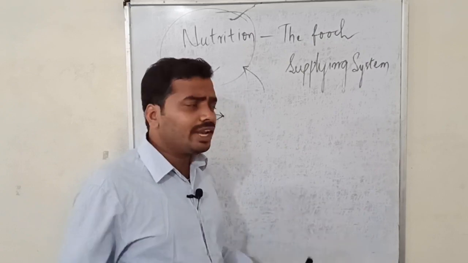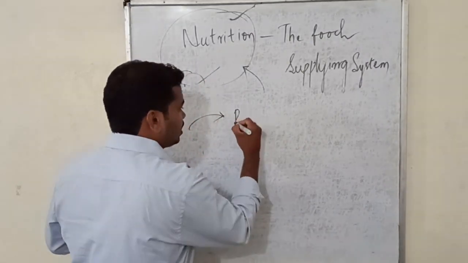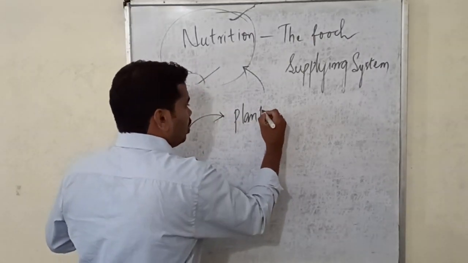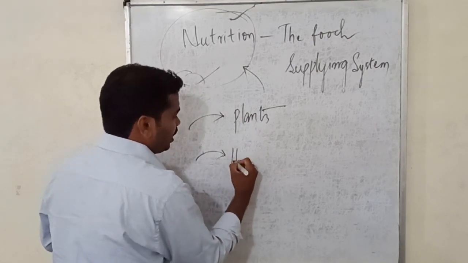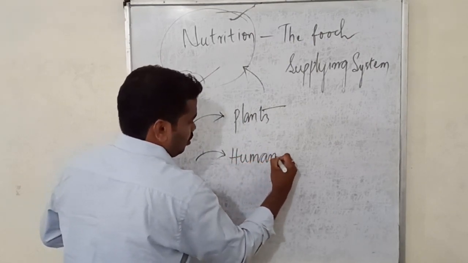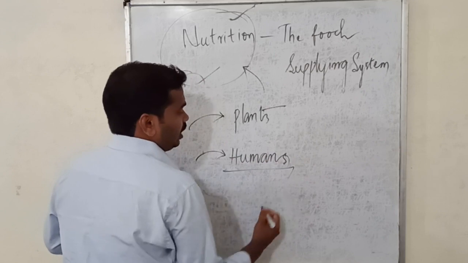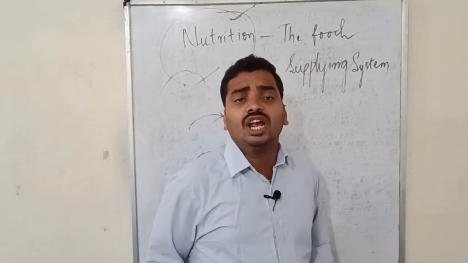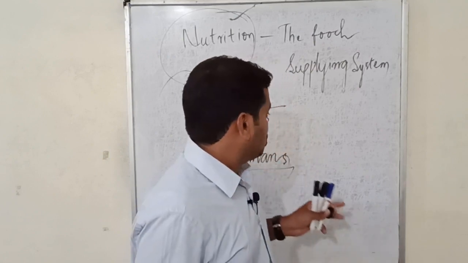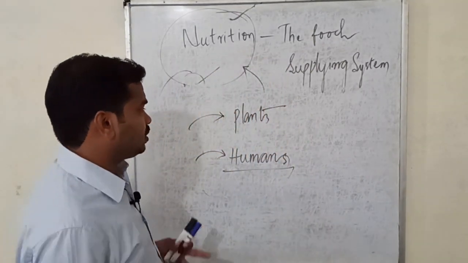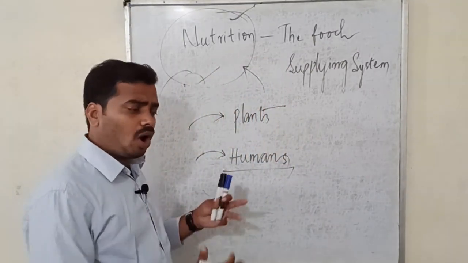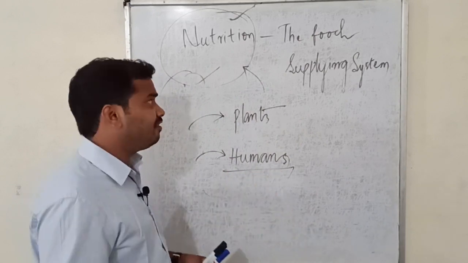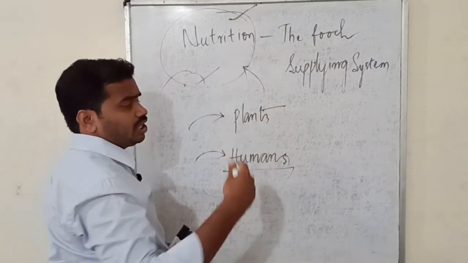If you consider humans, they depend on other organisms for their nutrition. So there is a big difference between organisms, from organism to organism, in the nutrition process.